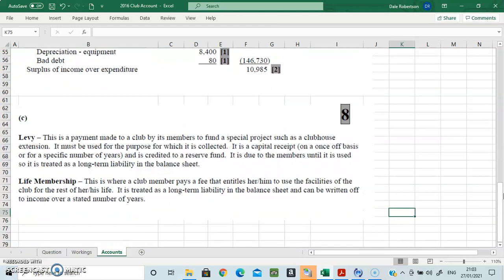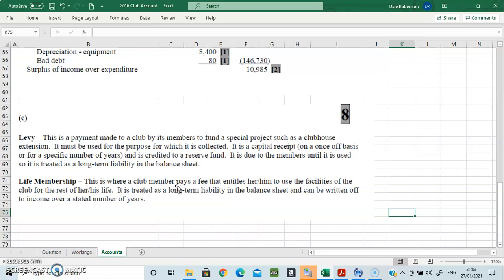The theory says explain or distinguish between a levy and life membership and explain how they're treated in the accounts. Well, a levy is a payment made to a club by its members to fund a special capital project like a clubhouse extension, and it must be used for that purpose. It's a capital receipt and it's credited into the levy reserve fund in the financed by section, treated as a long-term liability.